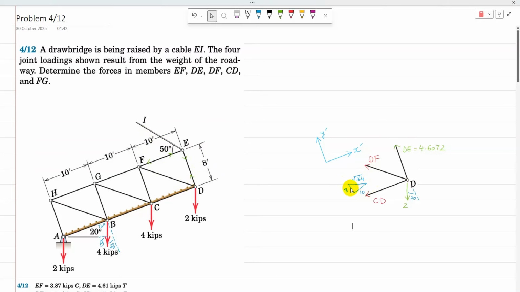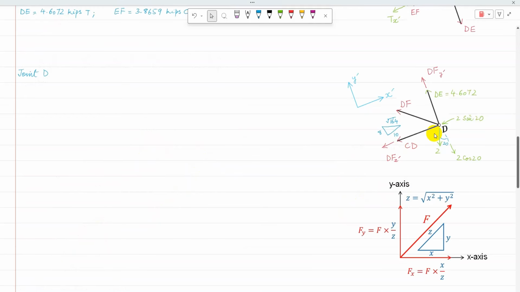So I'm going to use the triangle to resolve DF into its components. So inclined members at joint D are resolved into their components along x dash axis and y dash axis. So load 2 is resolved into 2 cos 20, and the other component is 2 sin 20. And similarly DF as DF y dash and DF x dash. So now there is one unknown in vertical direction and 2 unknowns in horizontal direction. So I'm going to apply sigma Fy equal to 0 first.